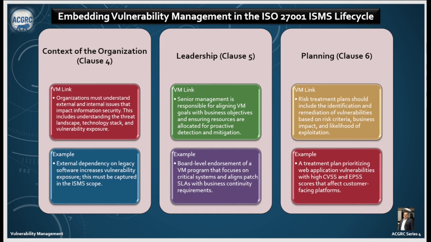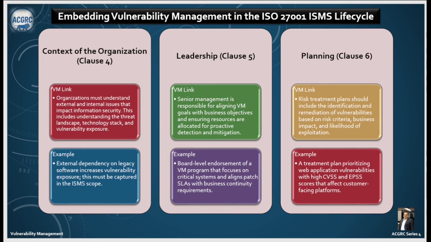Why does this clause matter? Well, without good planning, vulnerability management is reactive and patchy. Resources are wasted on low priority issues. You can't show improvement over time. But with clause 6, you set a clear roadmap, focus on what matters, and make your VM process measurable and strategic.